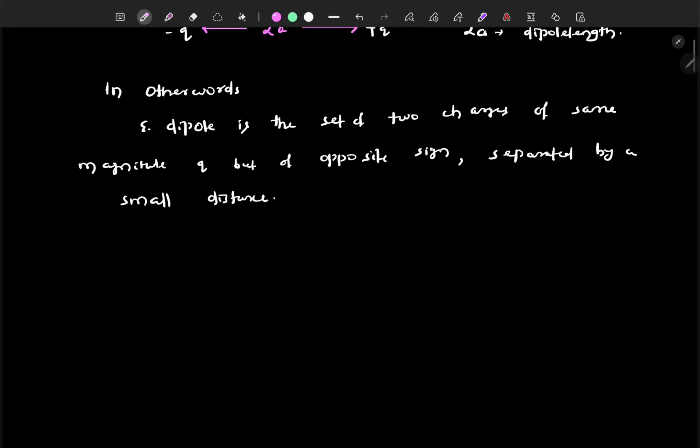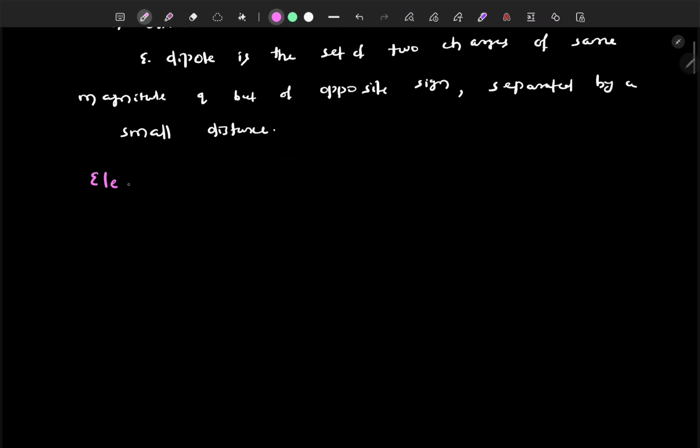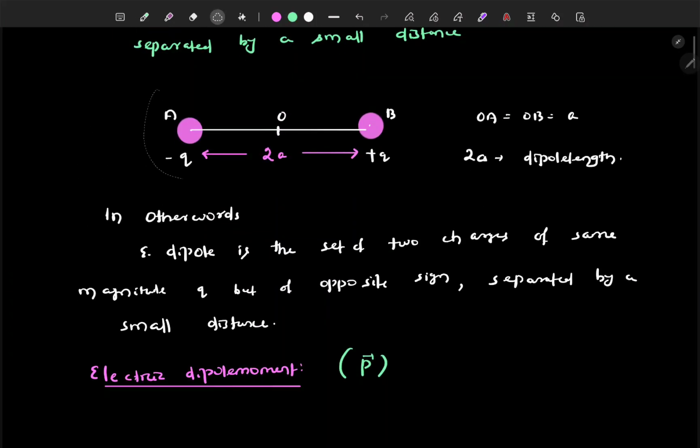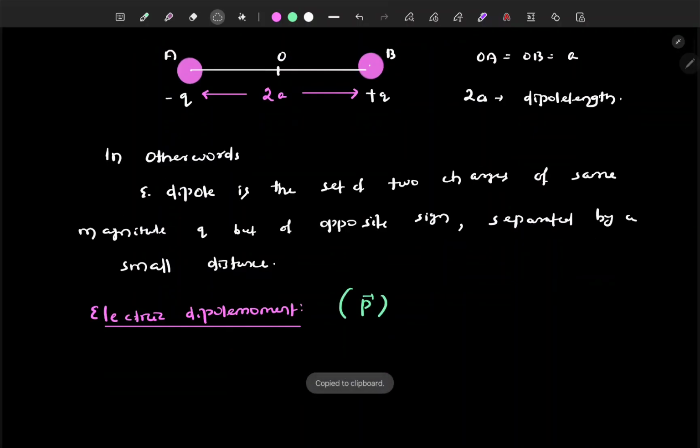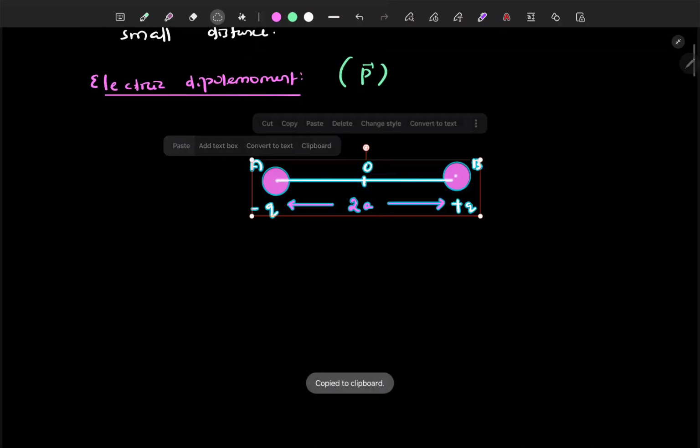Then comes our electric dipole moment, and it is denoted by a P vector. So in case of electric dipole, this is the diagram.